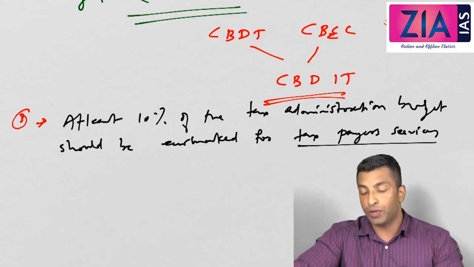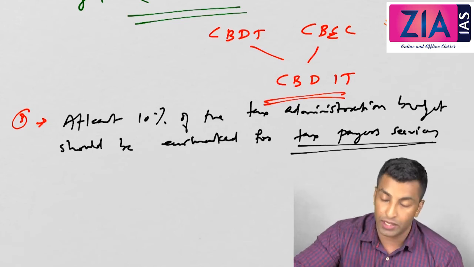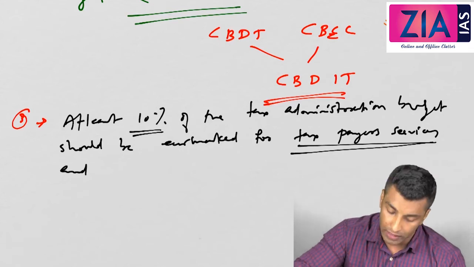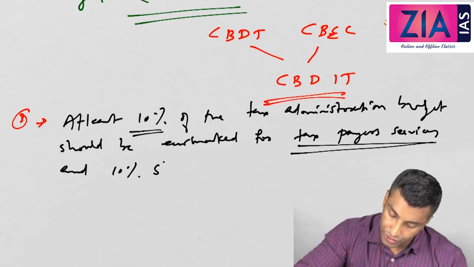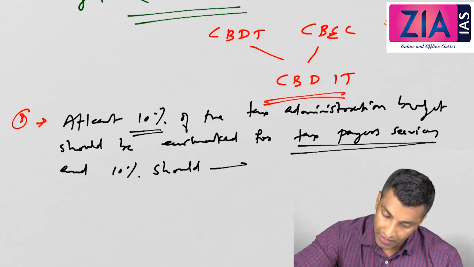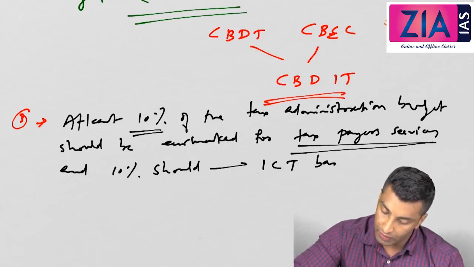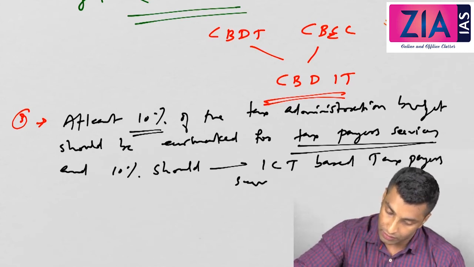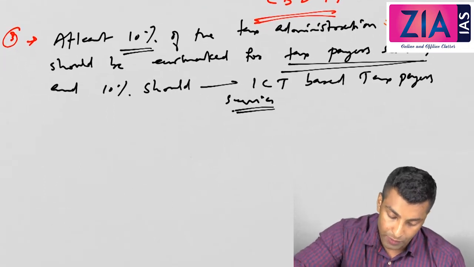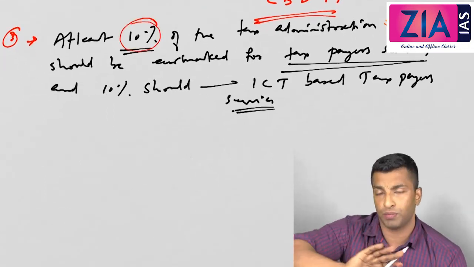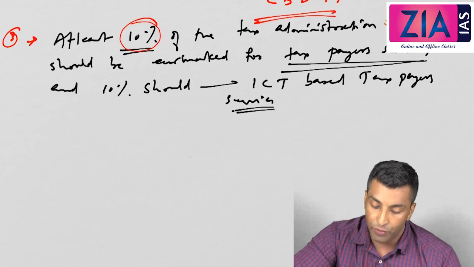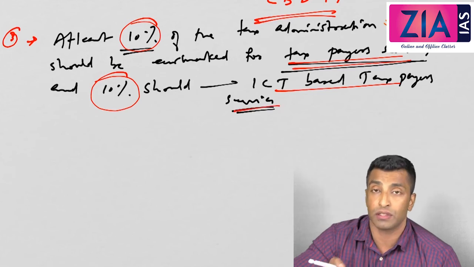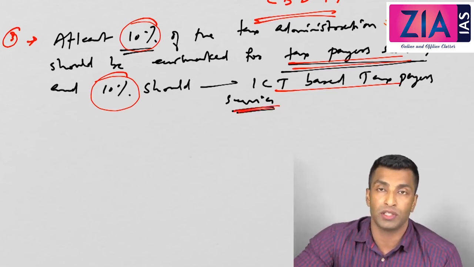Okay, so you need to take care of taxpayer services. 10% should be spent for that, and an equal amount, that means another 10%, should be earmarked or spent for ICT based taxpayers' services. So you need to keep away 10% for taxpayer services, and another equal 10% for taxpayer services which are information communication technology based.